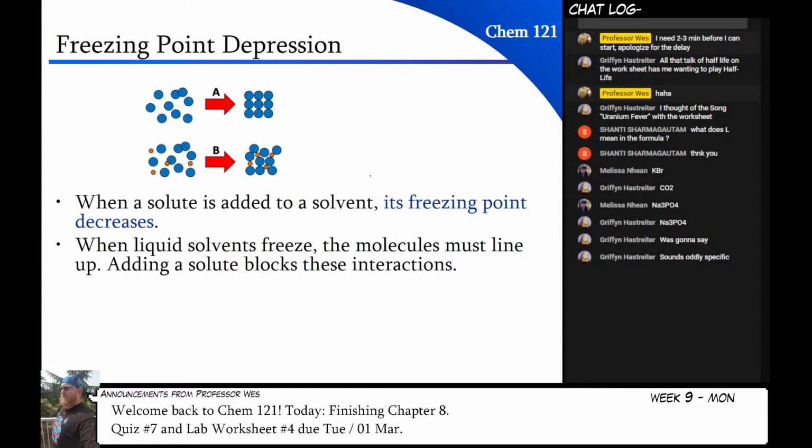Freezing requires us to create a solid structure. A solid structure requires our molecules to be lined up very, very specifically so that their intermolecular forces take over and lock things in place. If you have a solute in the way, that interrupts these interactions and thus lowers the freezing point.